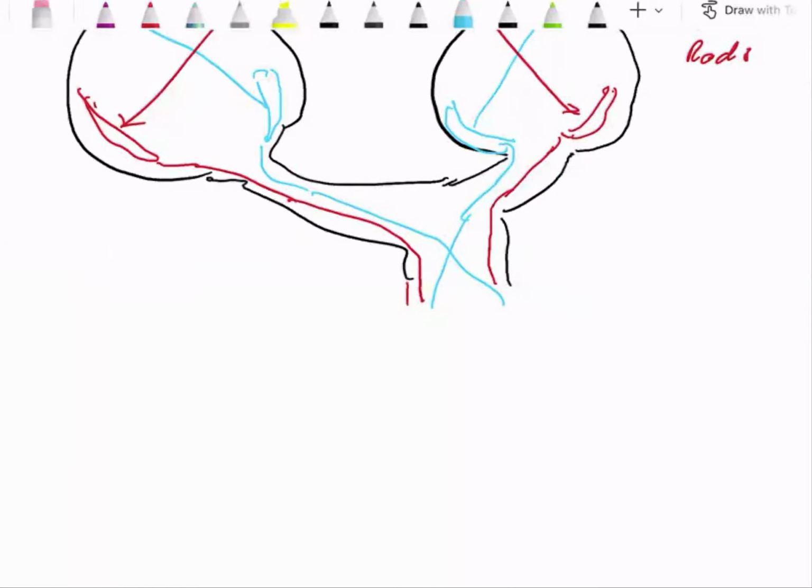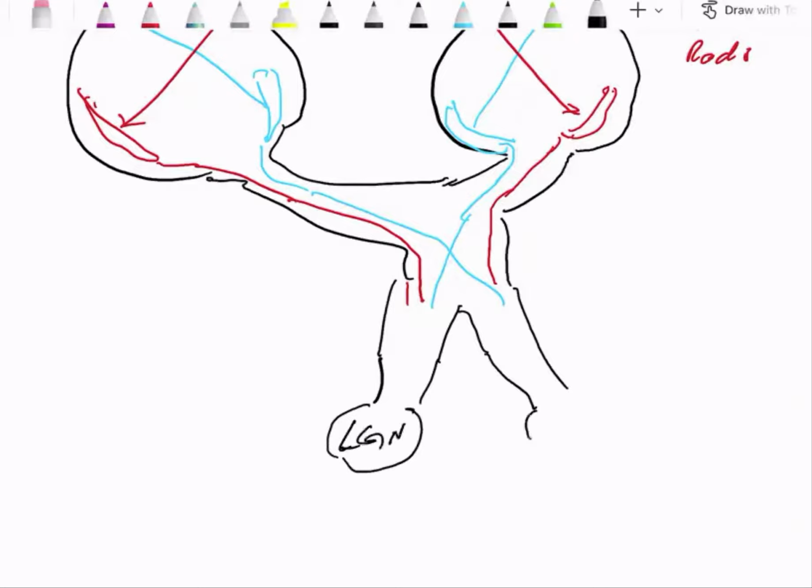Going forward, the optic nerve after the optic chiasm will give us the optic tract, and the optic tract fibers will synapse in the lateral geniculate nucleus on this side.